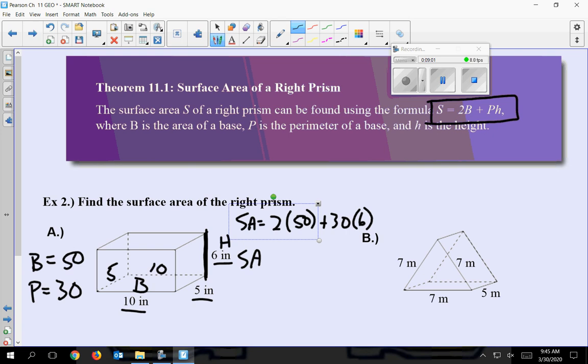I'll let you guys do that math. You know, when I say that, you could always just hit pause and do it, then bring it back up. And they did give me units again. It was in inches again, so I'm going inches squared, okay?